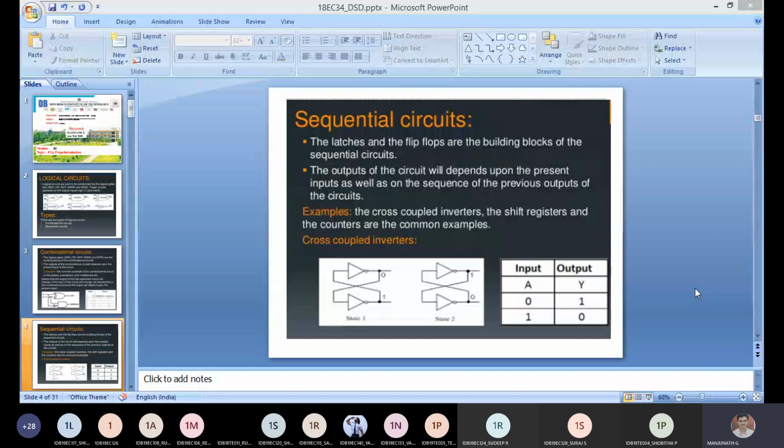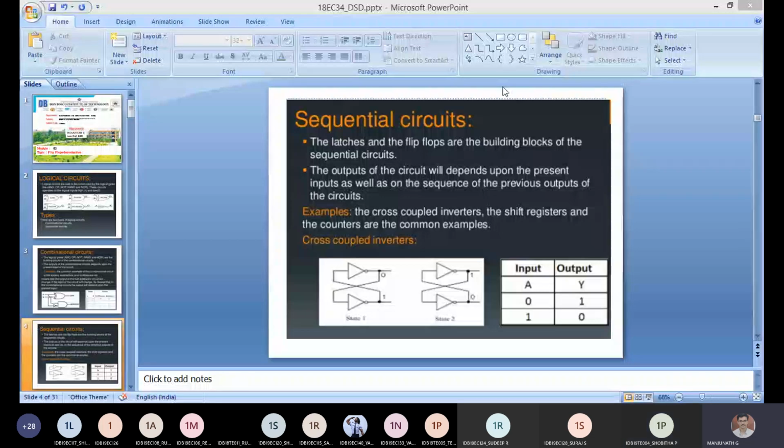Combinational circuits depend only on the present input, but sequential circuits depend upon the past as well as the present input. Coming to the next slide, you can see the diagram of the combinational circuit, which has a number of inputs and outputs.